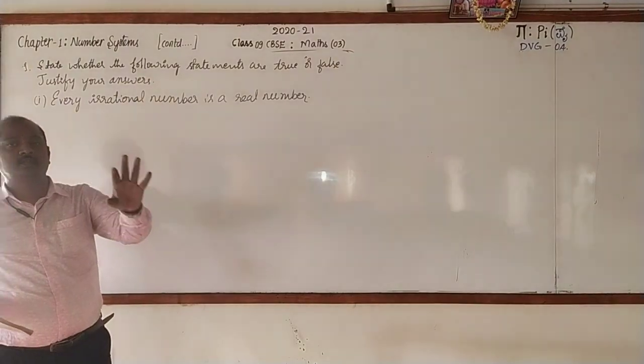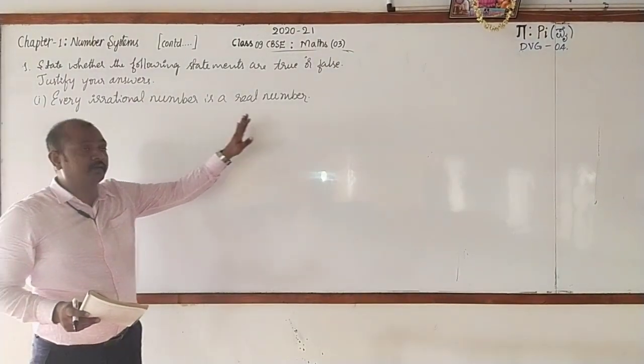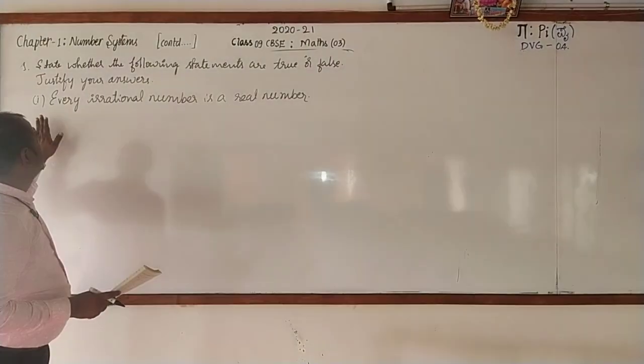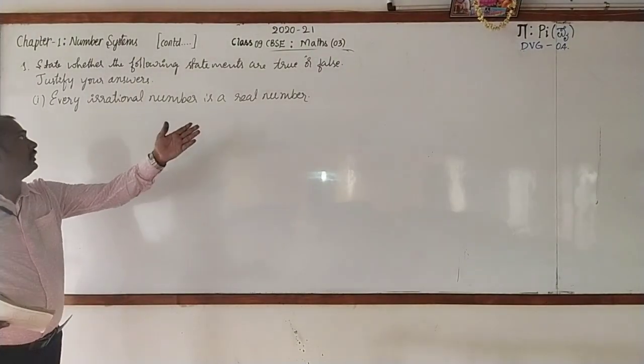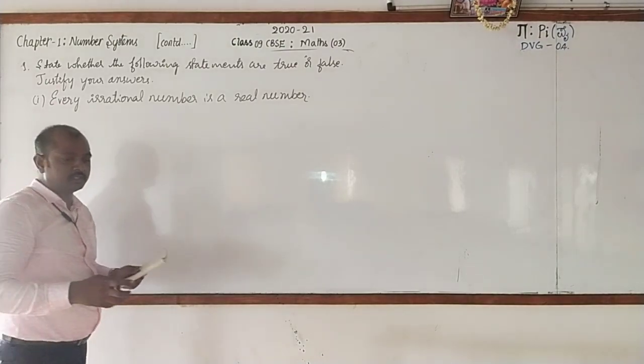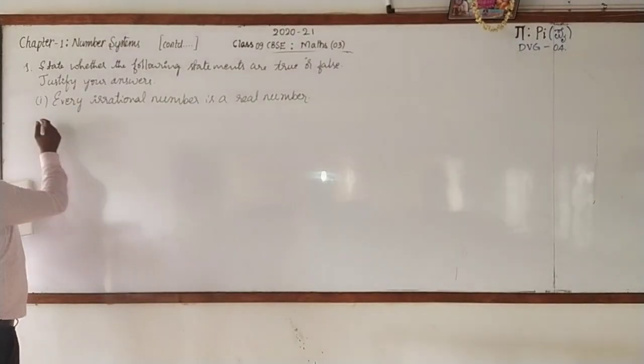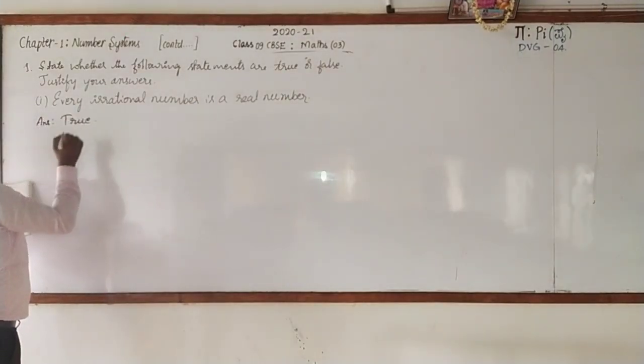Whether it may be rational number and irrational number, that is called a real number. Hence, we can say that every irrational number is a real number. Whether it is true or false? It is true. Right. Answer, true.